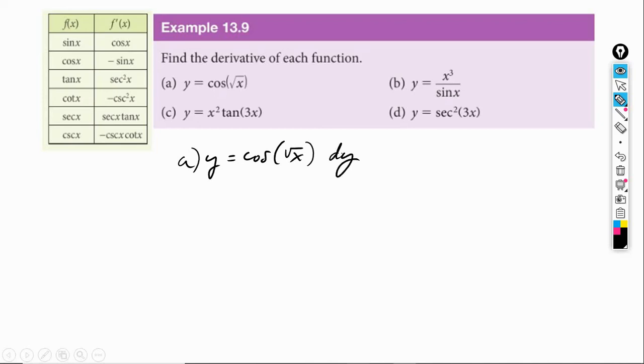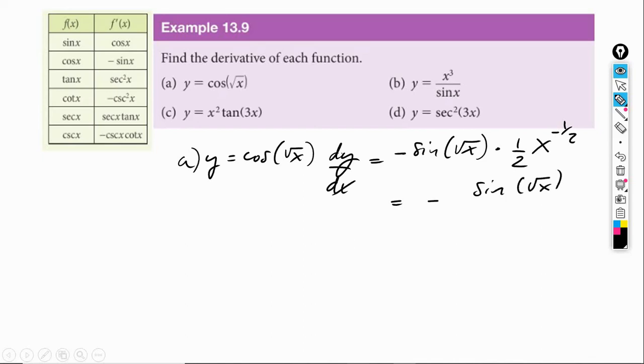So the derivative of this would be then derivative of the outside, minus sine of square root of x, times the derivative of the inside, which is the square root of x. So that would be 1/2 x to the minus 1/2. And this would end up being minus sine of the square root of x over 2 square root of x.